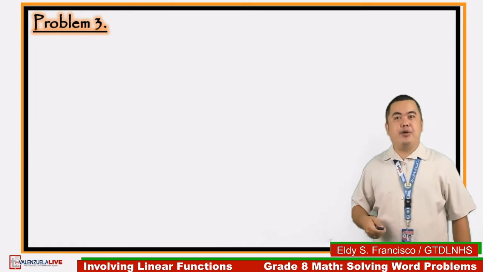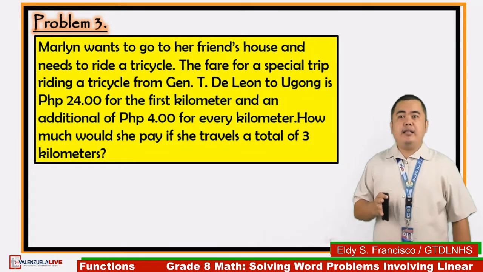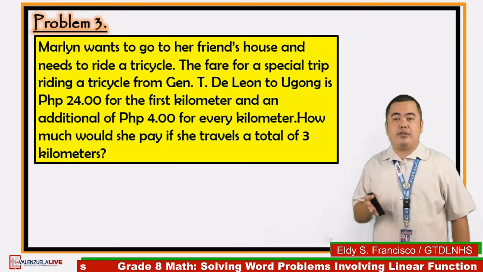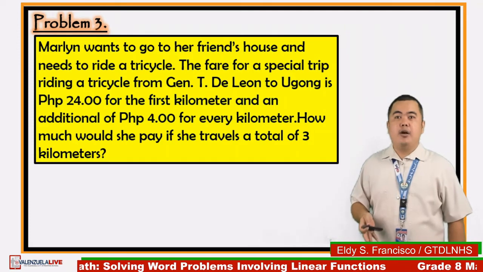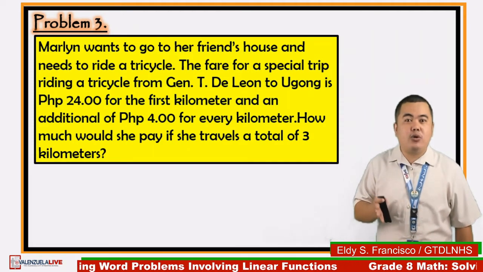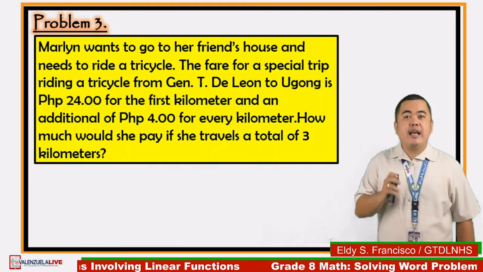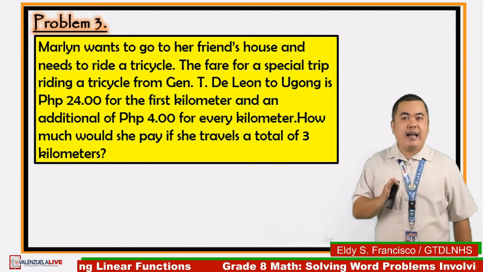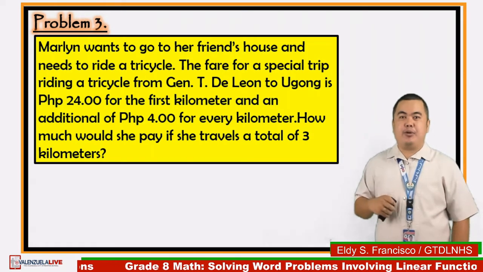Next, problem number 3. Marlene wants to go to her friend's house and she needs to ride a tricycle. The fare for a special trip riding a tricycle from Gente de Leon to Ugong is 24 pesos for the first kilometer and an additional 4 pesos for every kilometer.